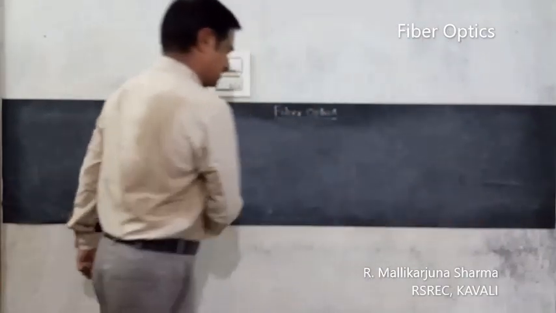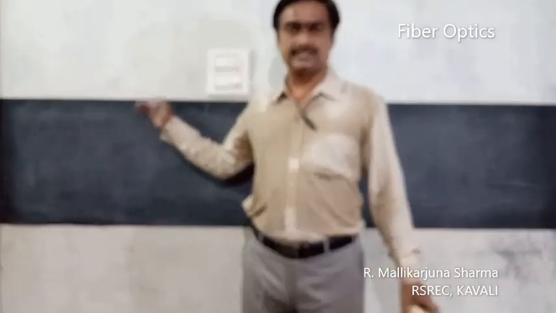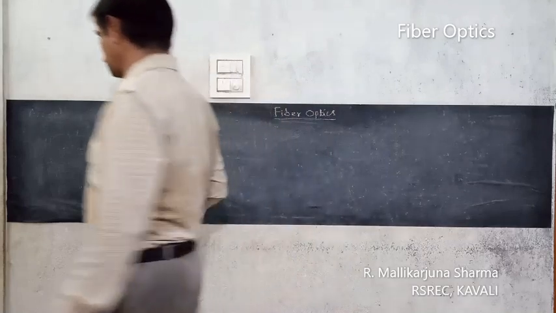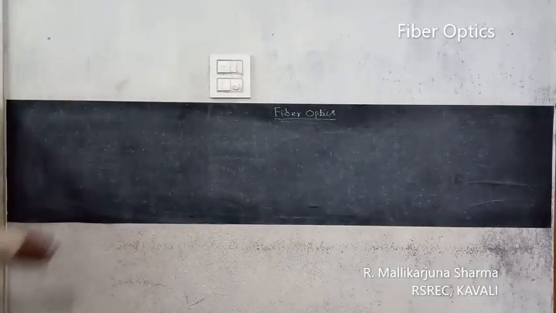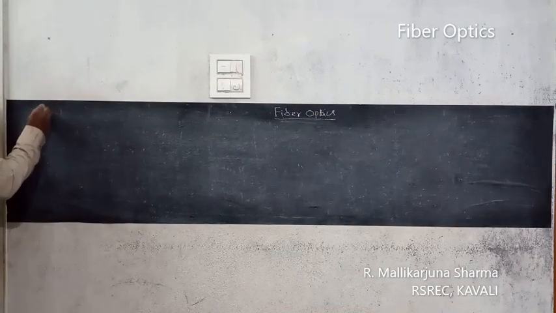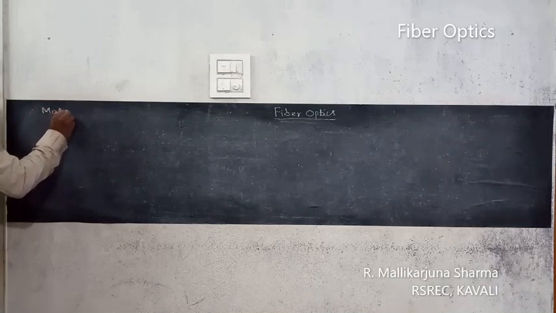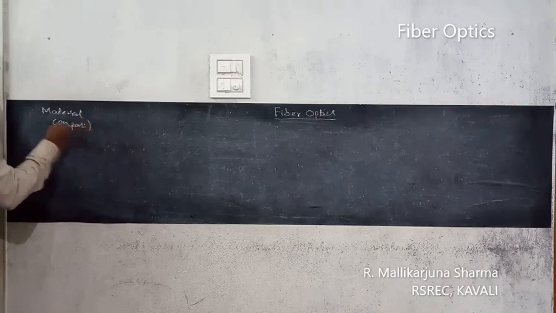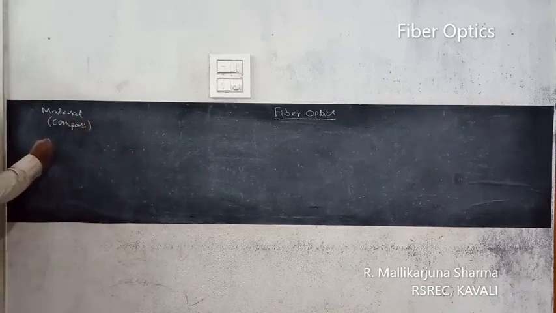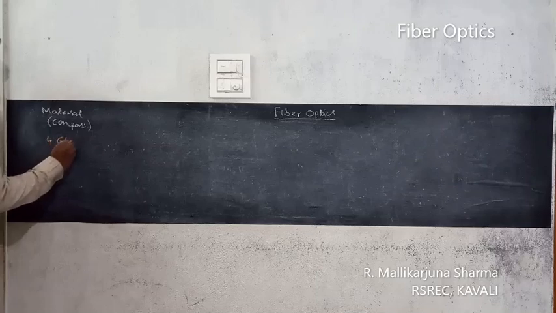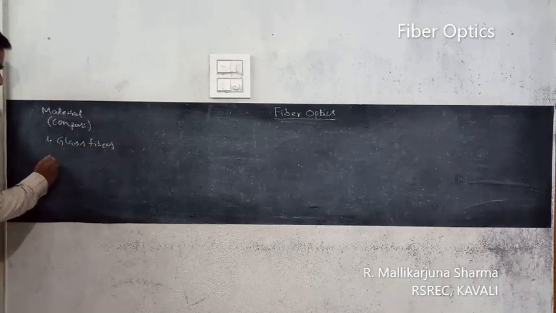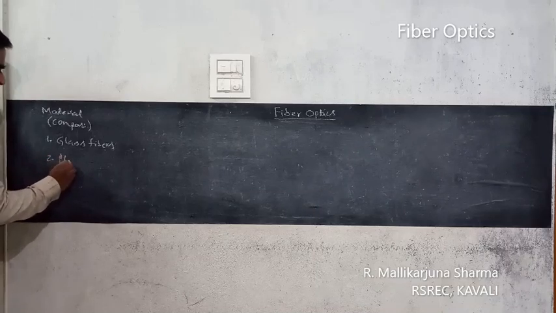First, in order to understand something about the fiber material, we have three types of classification. The first one is based on material or composition. They are called glass fibers. The second one, plastic fibers.